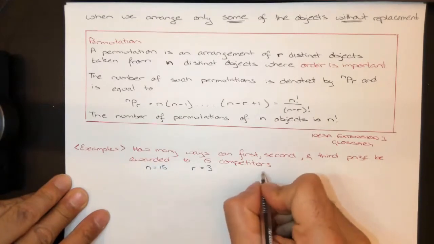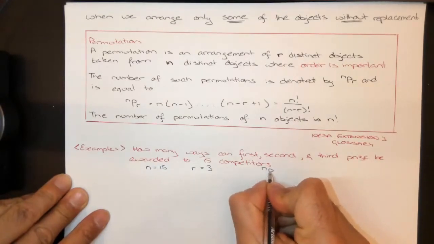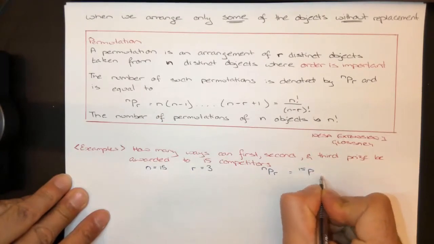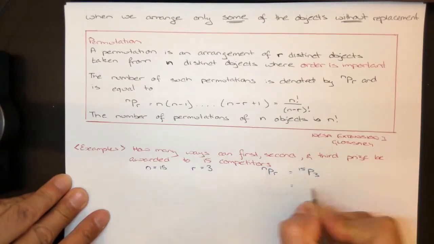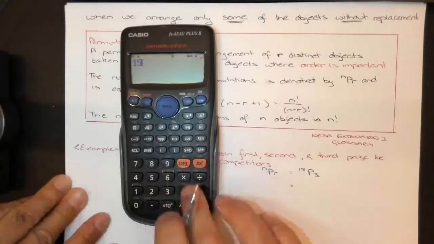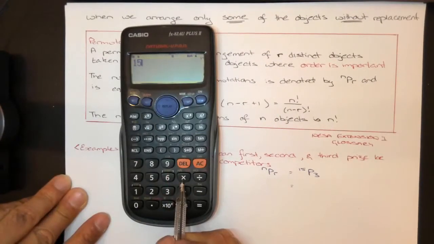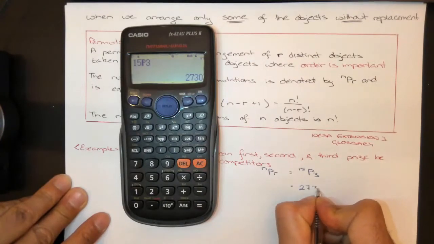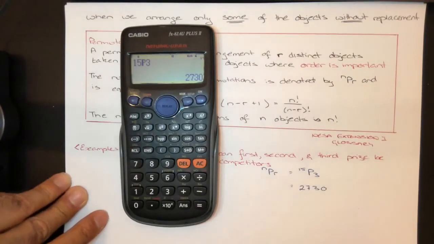So we have n permutated with r. So we've got 15P3. So 15, shift times, so you see the nPr just above your times. There are 2,730 permutations.